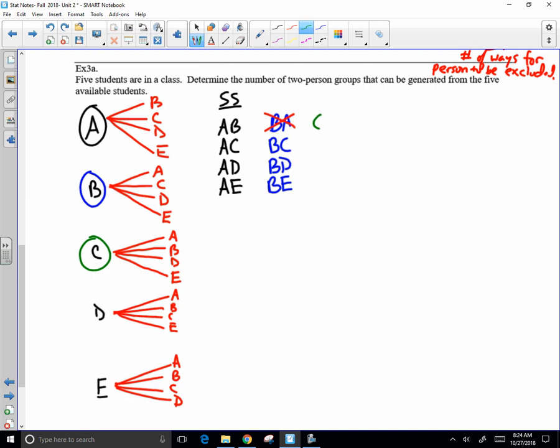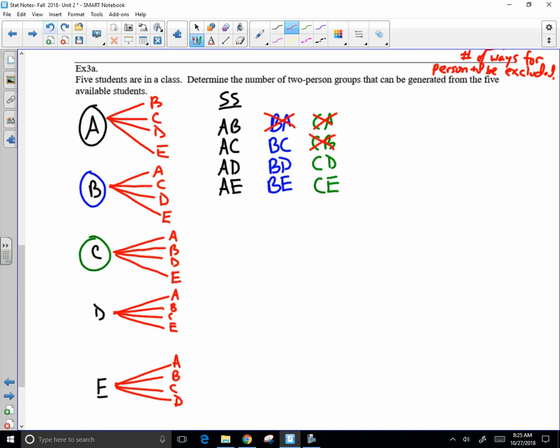All right, so then we have CA, CB, CD, and CE. So I look at this and I say, okay, wait a minute. I had an AC, CA, that's the same as that. I had a BC, I don't want to cross that one out. CB is the same as that, but everything else looks like it's okay.